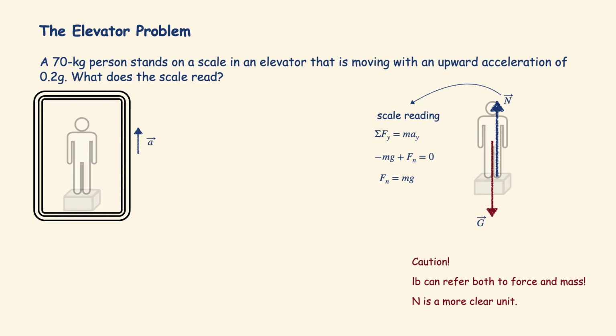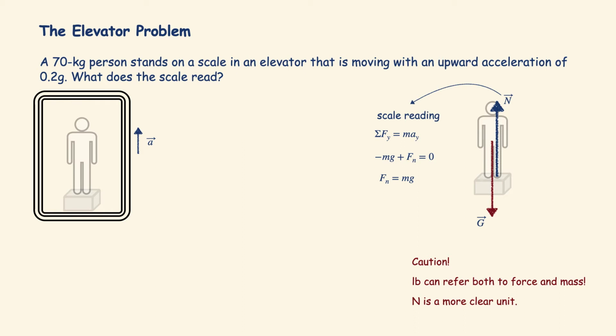The second thing that I want to mention here is that most of the scales, even though they read newtons, eventually display grams or kilograms, unless you live in the United States or a country that uses the imperial system for units, and then you'll end up with pounds.